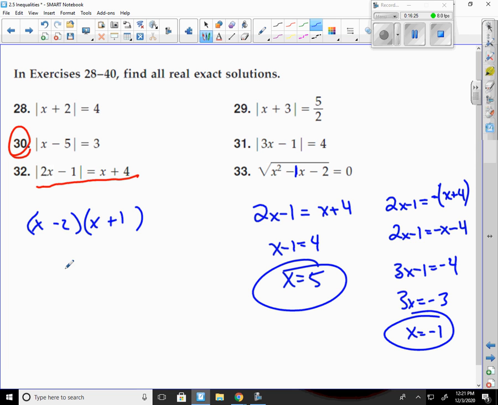Set each one of those equal to 0. It gives me x equals 2 and x equals -1.